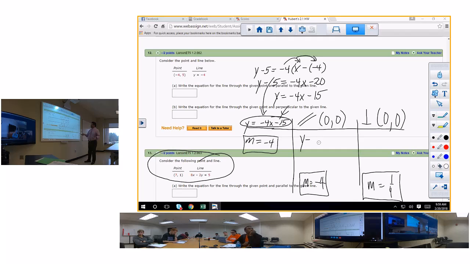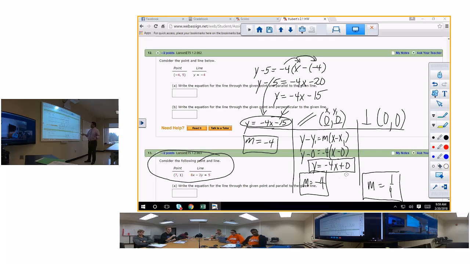y minus y sub 1 is equal to m times x minus x sub 1. This is x sub 1, this is y sub 1. y minus 0 is equal to -4 times x minus 0. And y is equal to -4x plus 0.